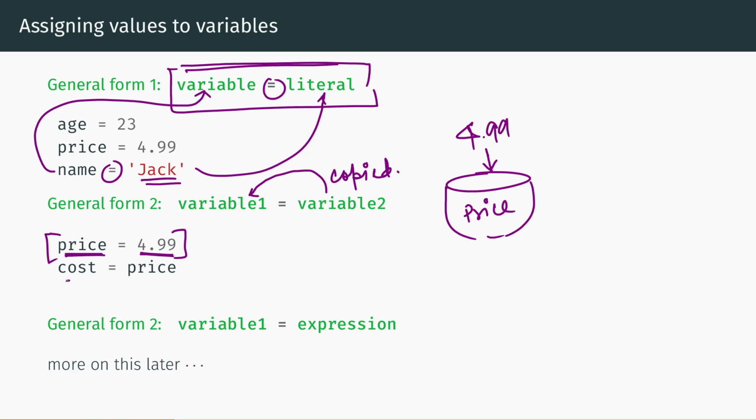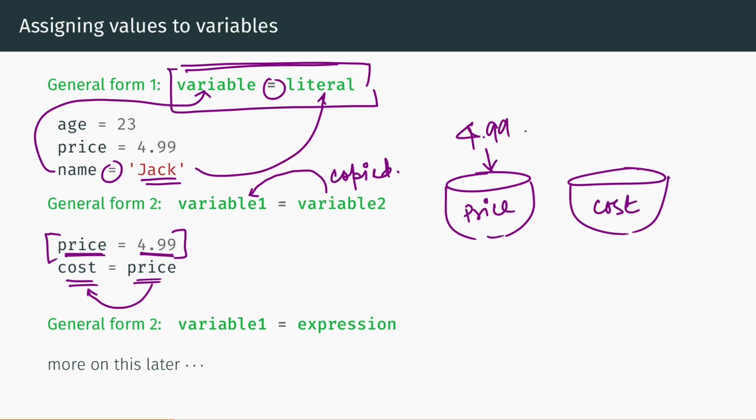In this statement, you are telling Python to create another variable. Python takes another cup from the shelf, and you tell Python to name the variable cost. Then you say, cost will have the same value as price.